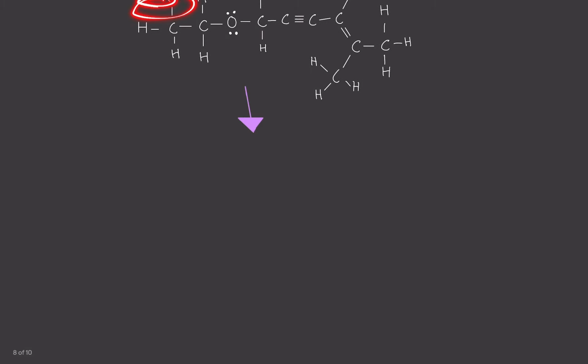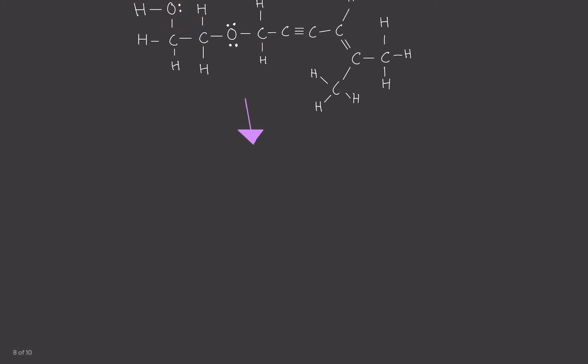Starting from here, we got OH, because remember, this is bonded to each other, so we just draw it together. Carbon, carbon, oxygen, carbon, carbon, triple bonded, because now we're here.